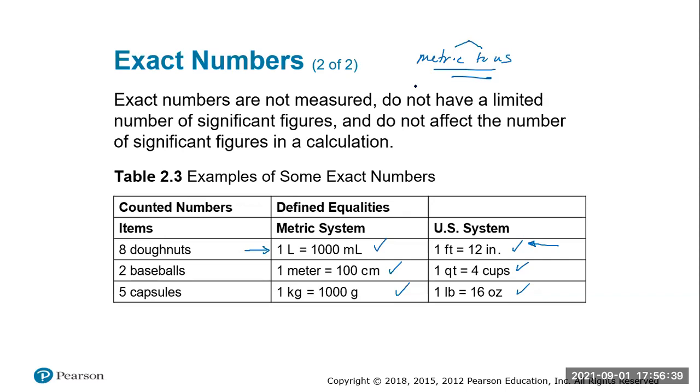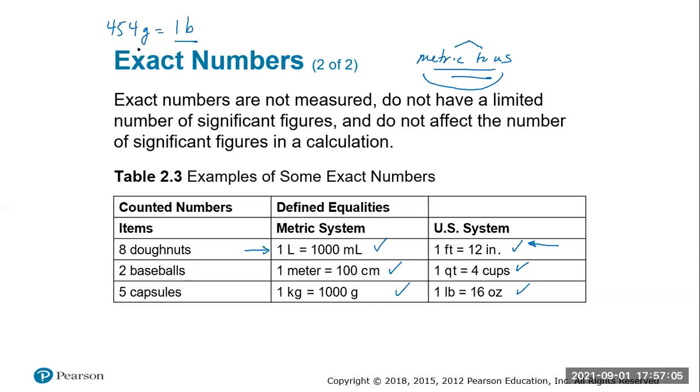I'm going to say for us that you don't have to worry about that, but I do want to tell you that some people will tell you that you do need to worry about it, and they technically are correct. But to keep it simple for us, any type of equality like we see in this table, or even one that crosses over from metric to US, maybe like 454 grams is a pound, right?